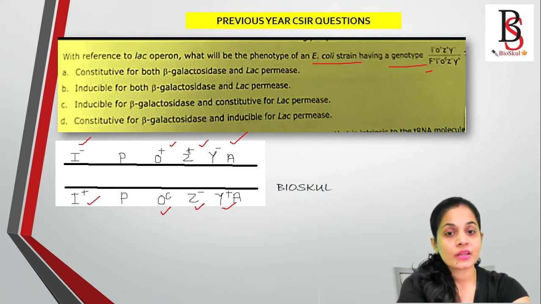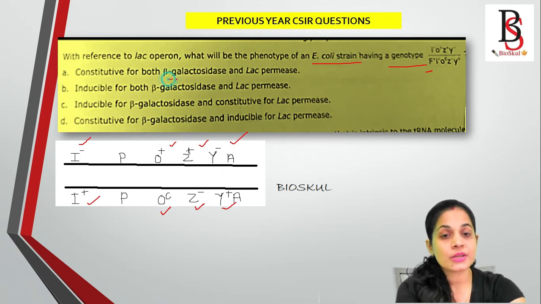Here it is asking about the expression of both beta galactosidase and lactose permease.